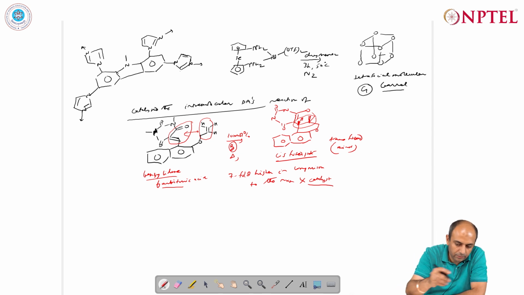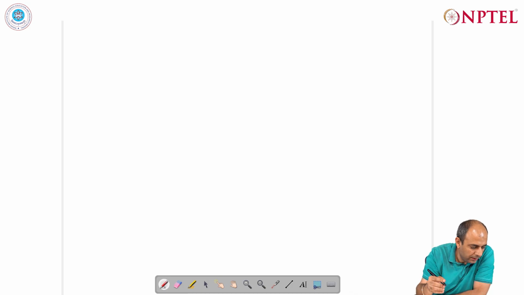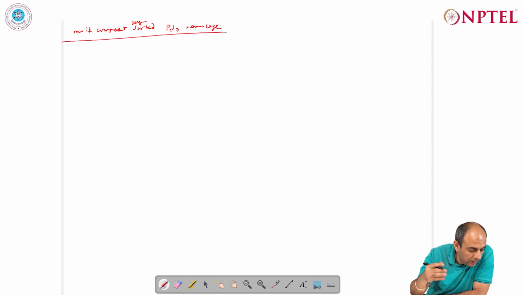And another interesting example we can take, where we can consider a multi-component self-sorted palladium 7 nanocage. So, now we are going to much different kind of barrels of different architectures to achieve this particular formation of this Pd7 nanocage.